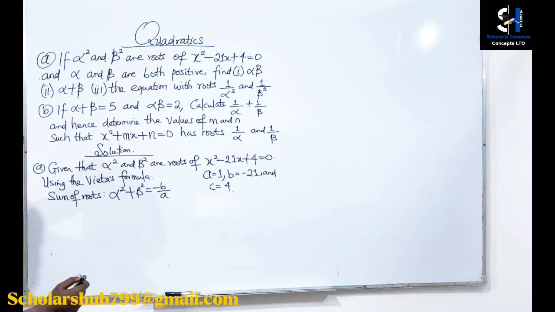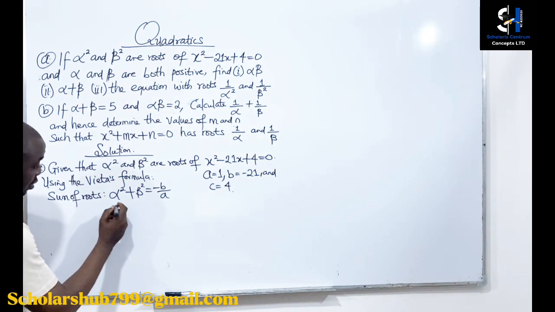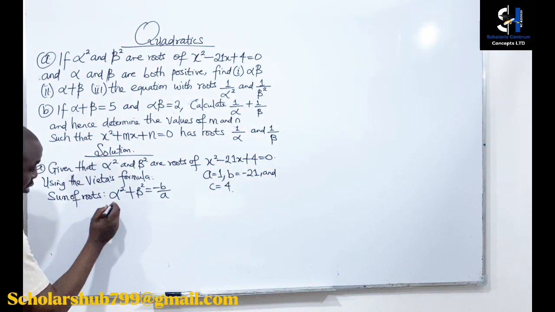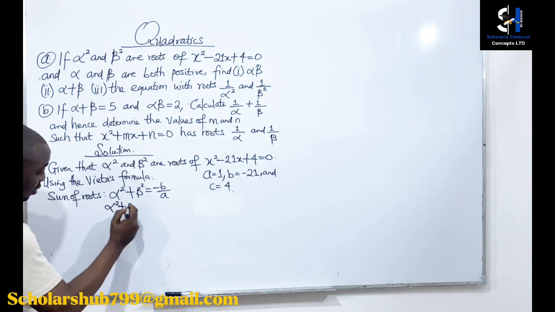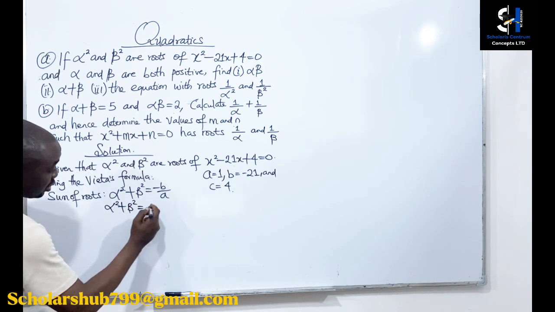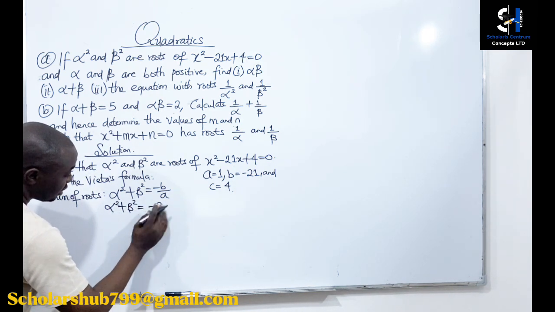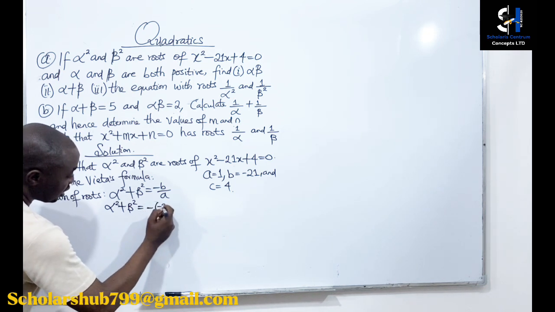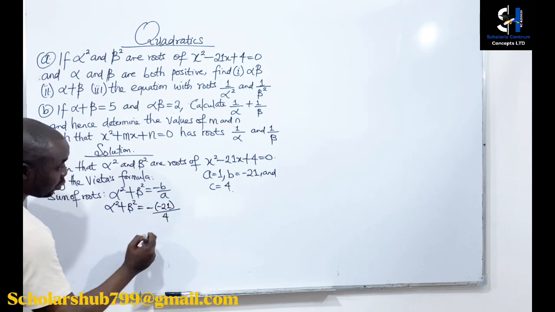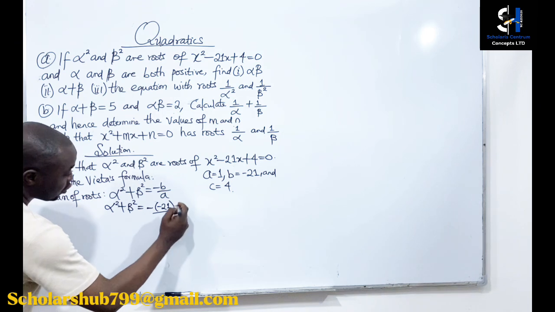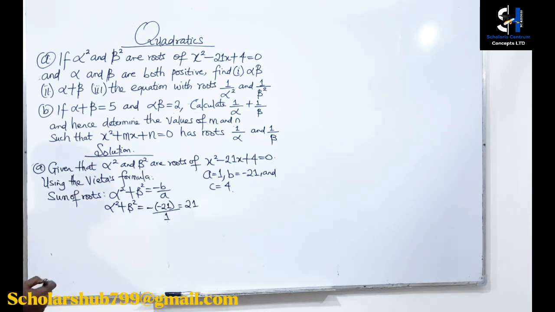All right, so the sum of roots, alpha squared plus beta squared, will be equal to minus negative 21 over 1, so this equals 21.